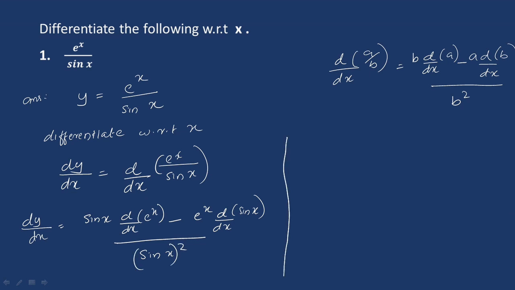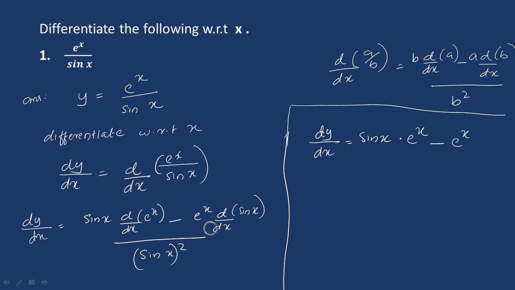So when we solve this, we have dy by dx is equal to sin x into d by dx of e raised to x, that is e raised to x itself. Therefore sin x into e raised to x minus e raised to x into d by dx of sin x, that is cos x, divided by sin x whole square, that is sin square x.